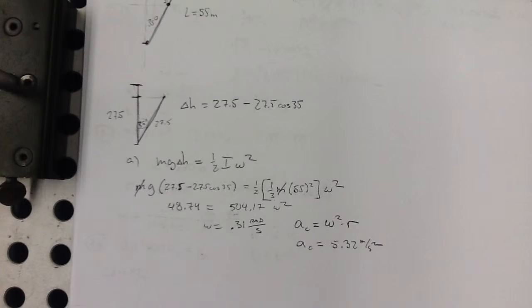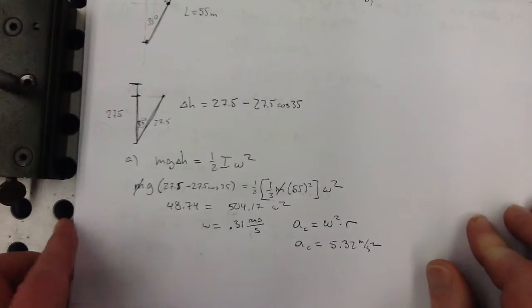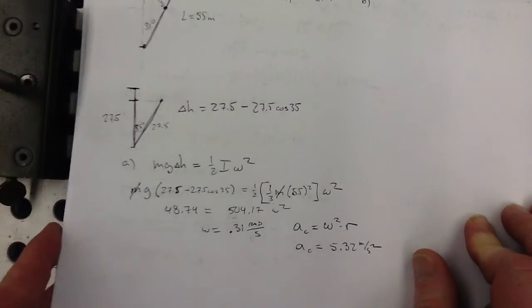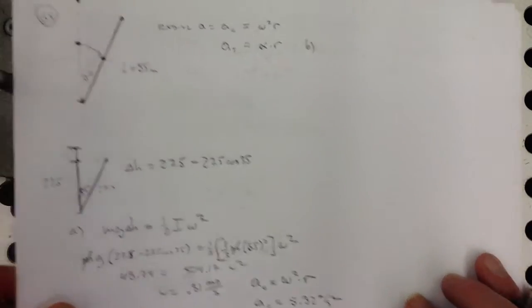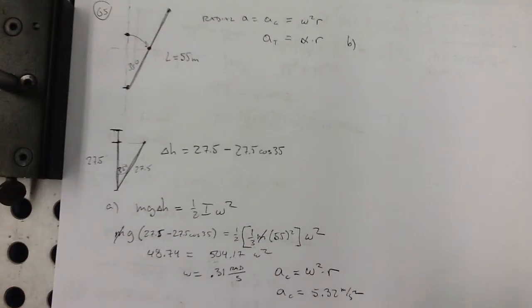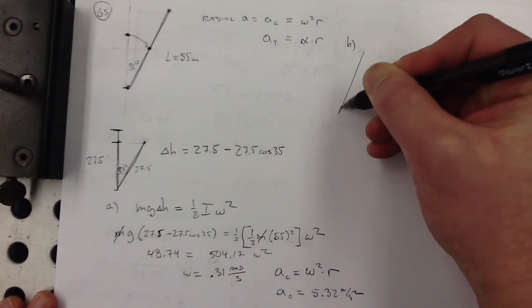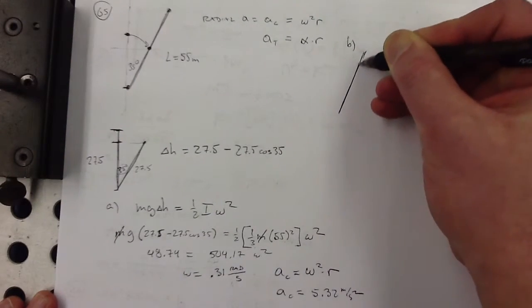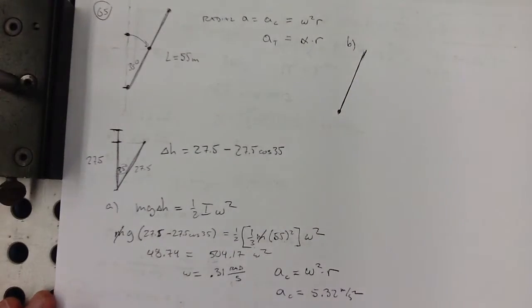Right? That's part A. Part B, there's a couple of ways you can go, and I'm going to go with what I would have done if they hadn't said anything about energy considerations. I would have looked at this rod that's free to rotate about this end. Where does gravity act?